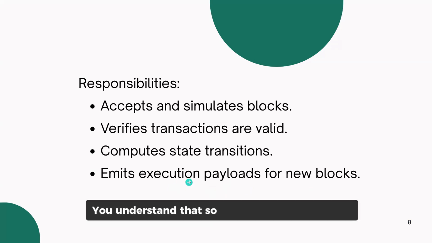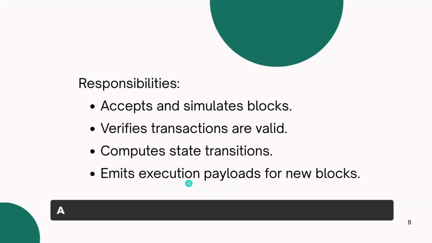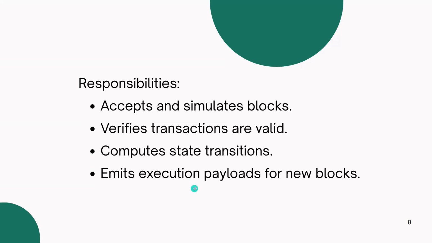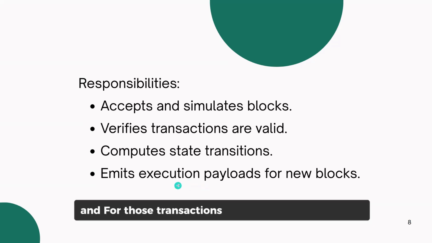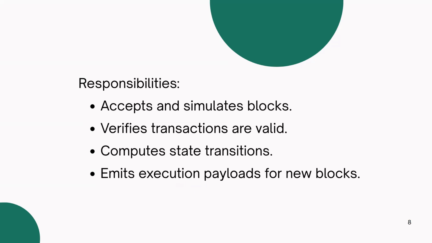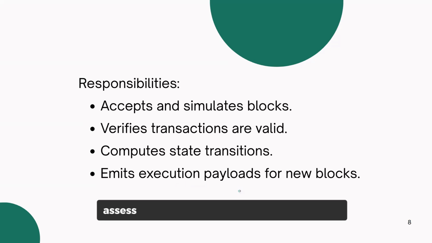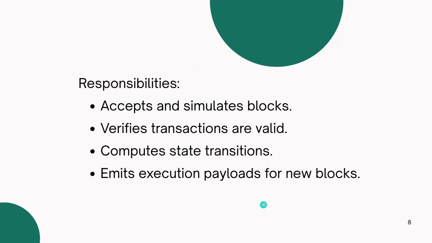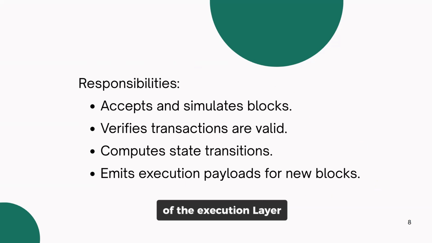So remember that there are a number of transactions stored within the mempool, right? And for those transactions to move to the next phase, the consensus layer assesses those transactions in the form of payload. So what I want us to understand is that there are responsibilities within the Ethereum protocol, and what we're seeing now is the responsibility of the execution layer.